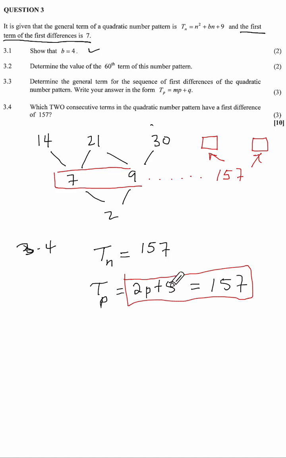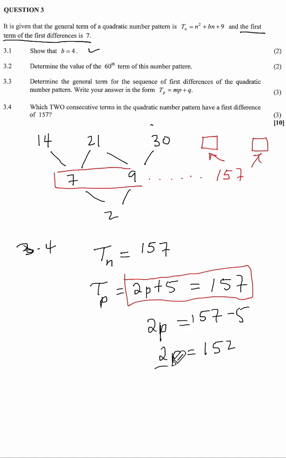So to solve that equation, I have to take 5 to the other side. I take 5 to this side, and I will remain with 2p on this side. 2p is equal to 157 minus 5. That's 152.